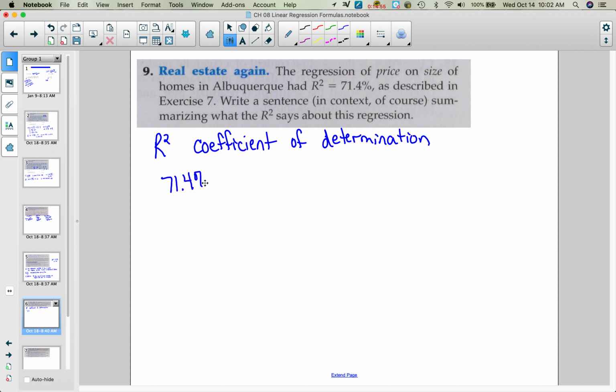71.4% of the variation in response variable, so that is the price. So 71.4% of the variation in housing cost. And I'm going to put thousands of dollars in parentheses.